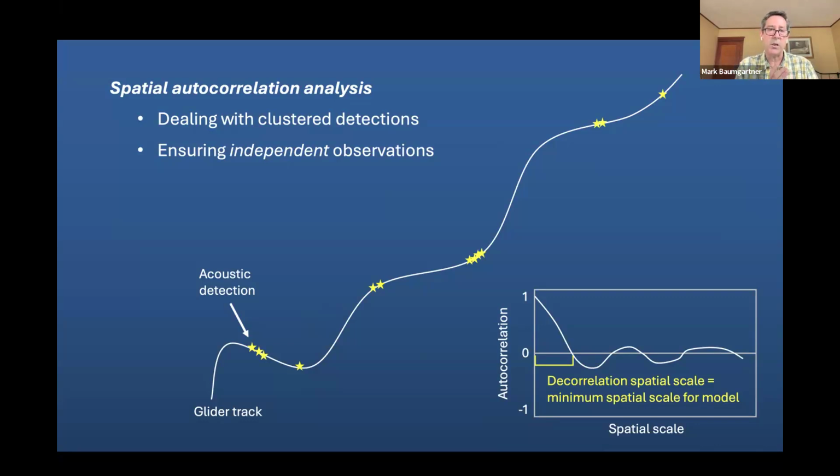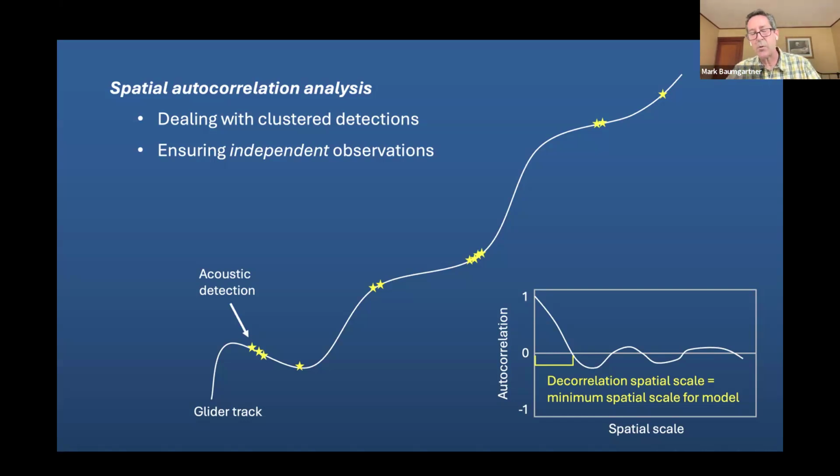And so if you're just chunking your data up into every single call, like minute by minute, your observations are going to be highly correlated with one another. And so you need to figure out what time scale I could use where my observations are independent. And that's what this autocorrelation analysis does.